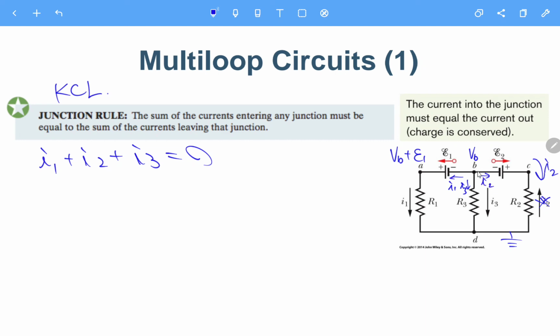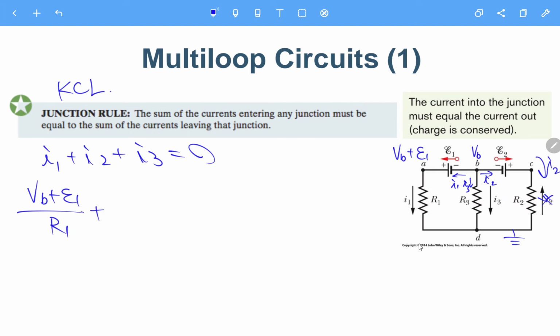So I1, I2, I3 are all going out from node B.